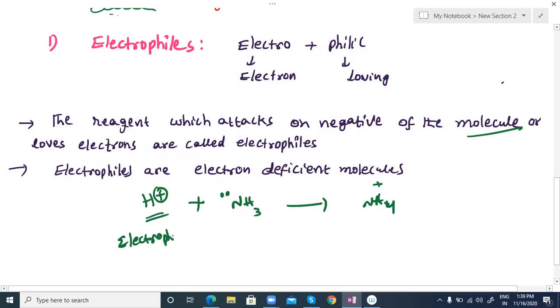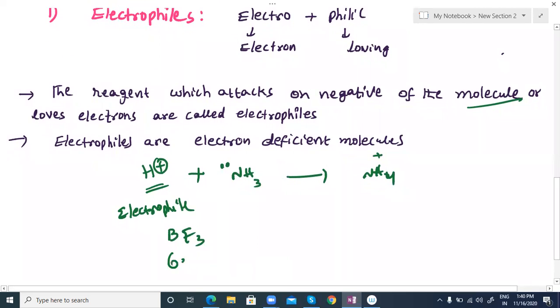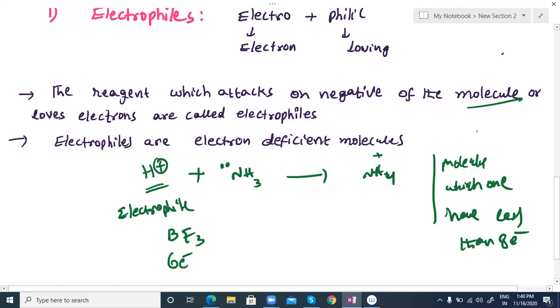Even BF3, it has only 6 electrons. This is electron deficiency, compared to 8 electrons. Whichever compound, element or molecule has less than 8 electrons, those are electrophiles.